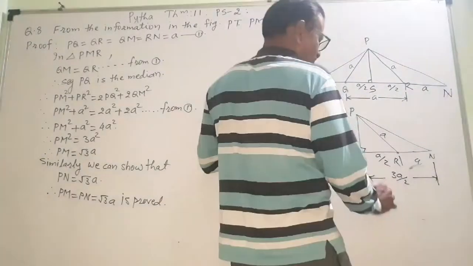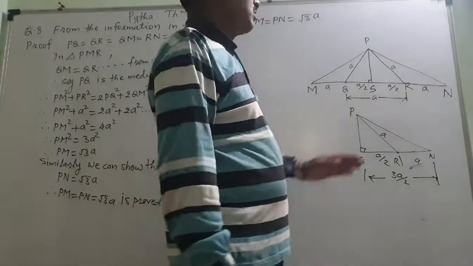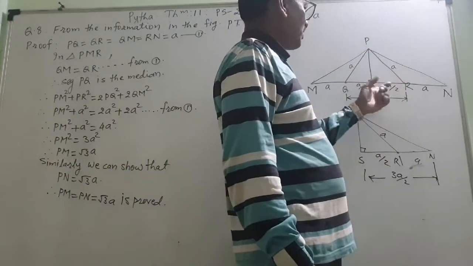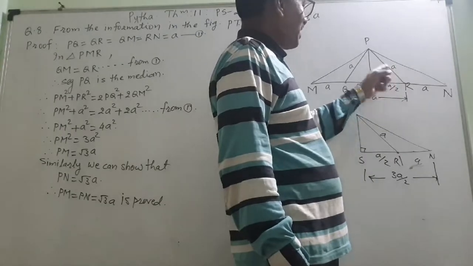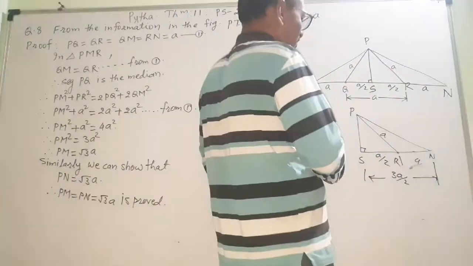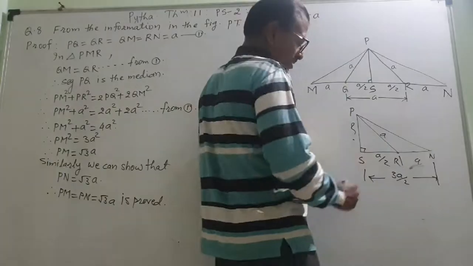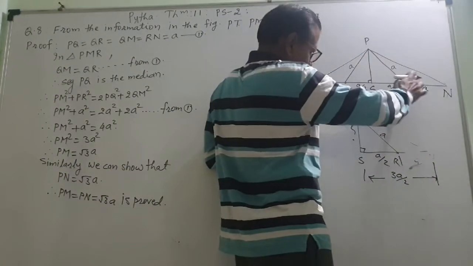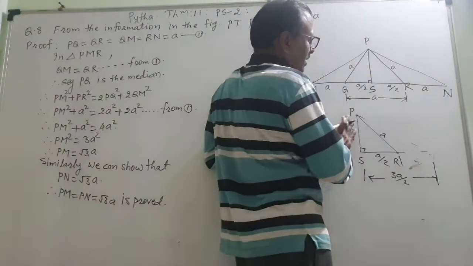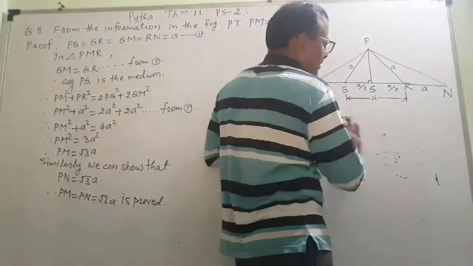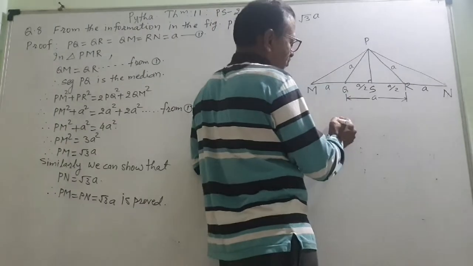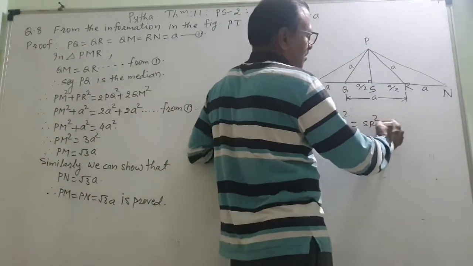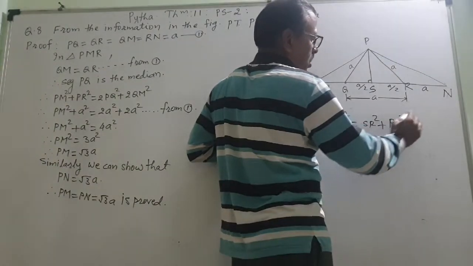For this right angle triangle, this is A by 2, this is A, and I can find this by Pythagoras theorem. This much part, means the PSR triangle, you consider this. How can you find this PS? Because PR square is equal to SR square plus PS square.